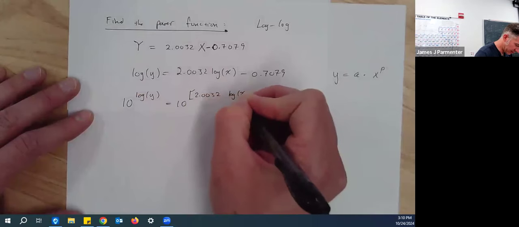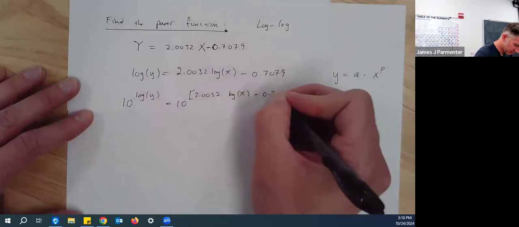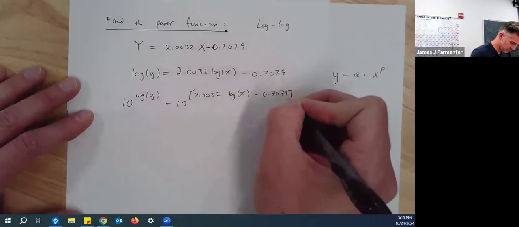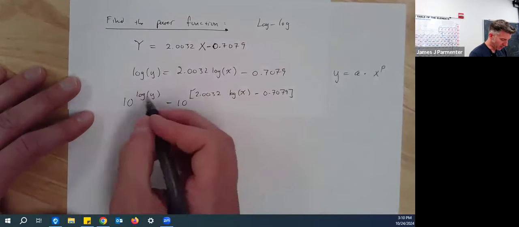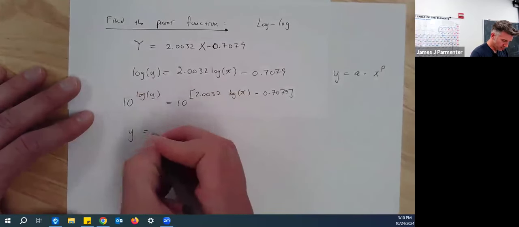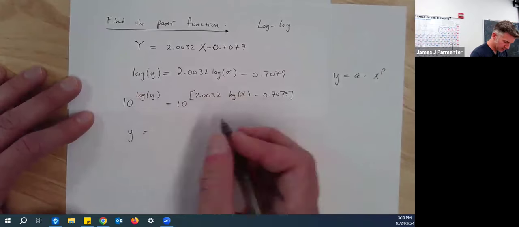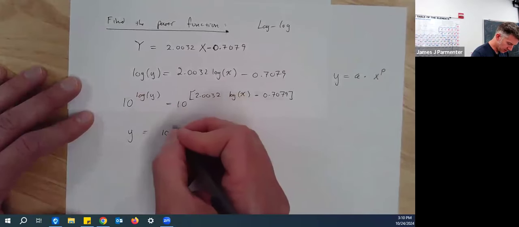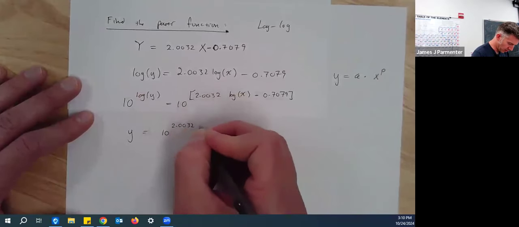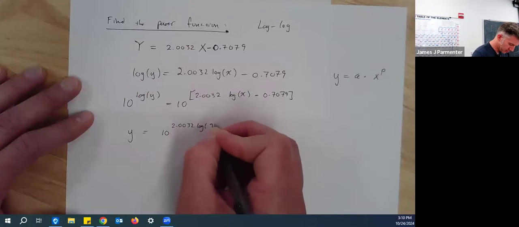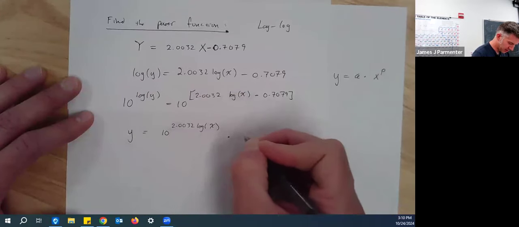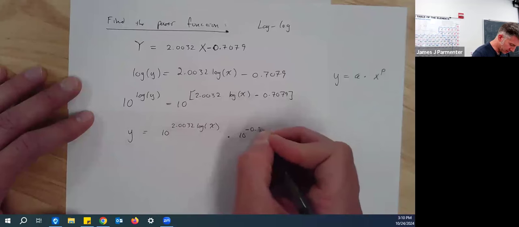If it were me, I would have given you nicer numbers. 10 to the log of y is just y. We break this apart as two pieces. It's 10 to the 2.0032 log of x times 10 to the negative 0.7079.